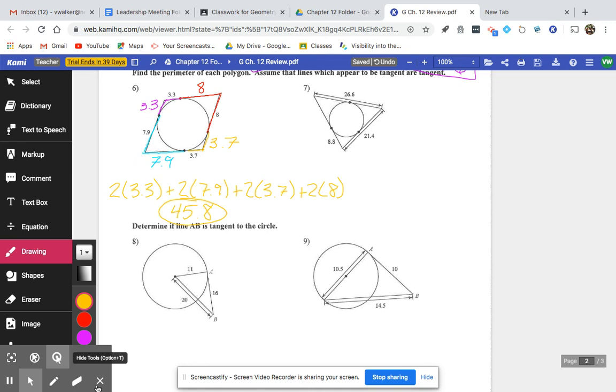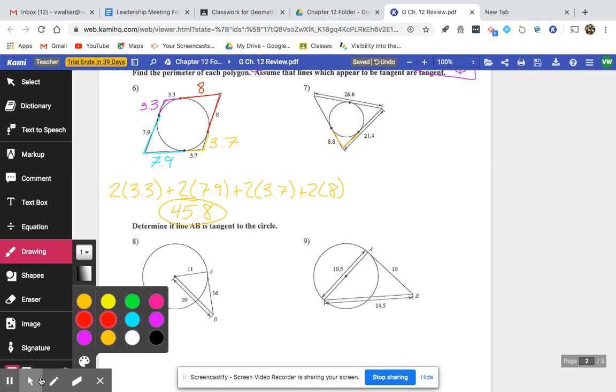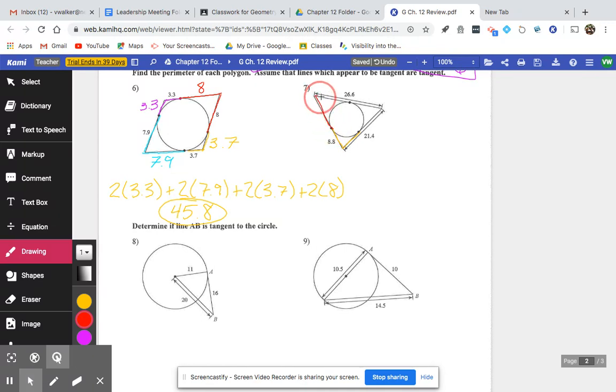Number 7, we're going to do the exact same way. Now, this one's a little bit trickier, so you've got to make sure you read it a little carefully. Once again, these two are congruent. These two are congruent. And those two are congruent.